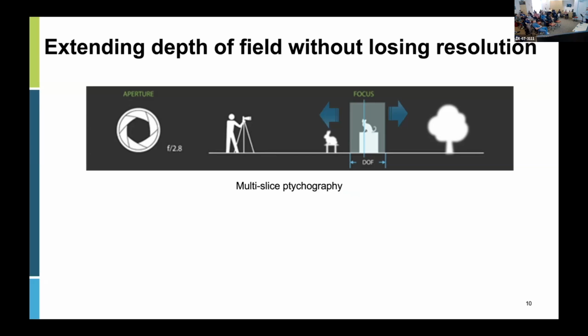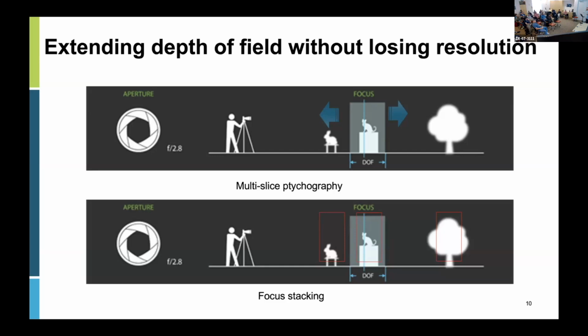This method is able to reconstruct planes at different depths simultaneously. The second approach we tried is called focus stacking. Conventionally, this method takes a series of images while translating the sample along the beam direction, and then tries to extract the in-focus features at the different exposures and stitch them together. We extend this method, and we show we can replace the physical translation with numerical sectioning.